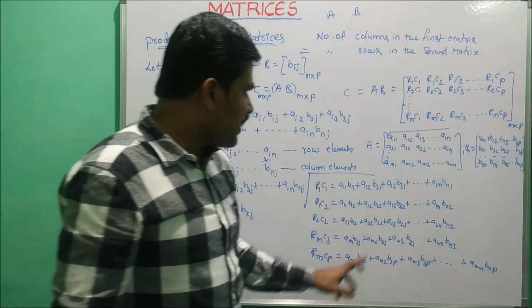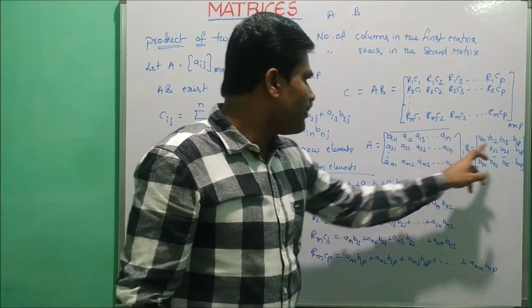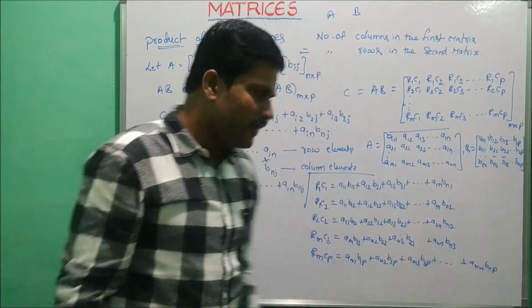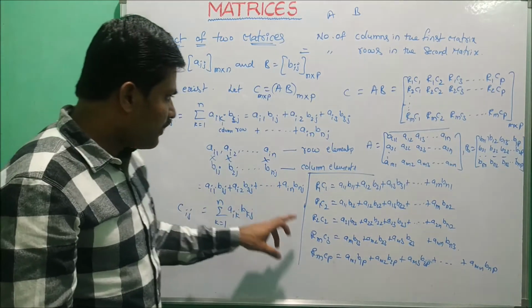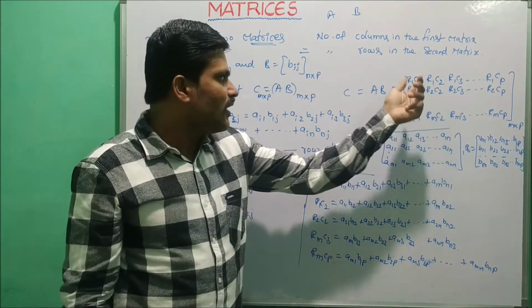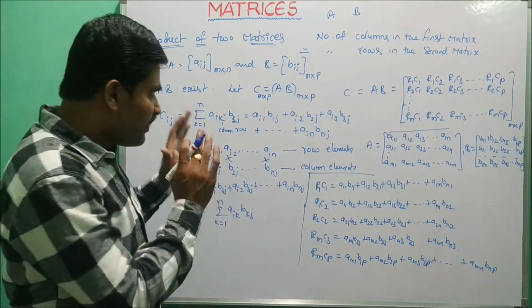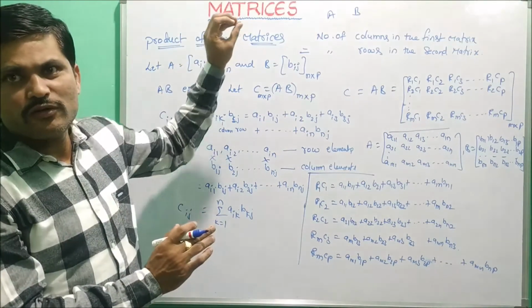So this is Am1 into B1p, Am2 into B2p, Am3 into B3p and so on, Amn into Bnp. So this is the procedure. Here we follow the same procedure, then find the elements in the new matrix. So this is the product of two matrices. This is the procedure of product of the two matrices.